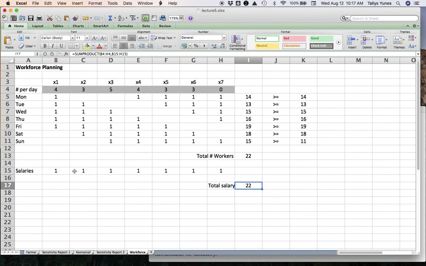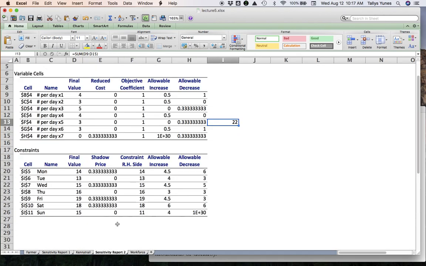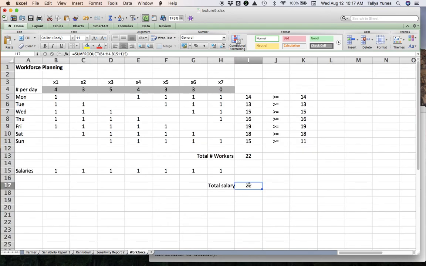So it's not a surprise that that's also 22. But under this new interpretation of the objective function, this number now is how much money am I spending to pay my people? And the answer is $22,000, right? So the current sensitivity report would still be the same if I were to resolve this problem, because these two expressions are the same thing. It's 1 times every variable, right?